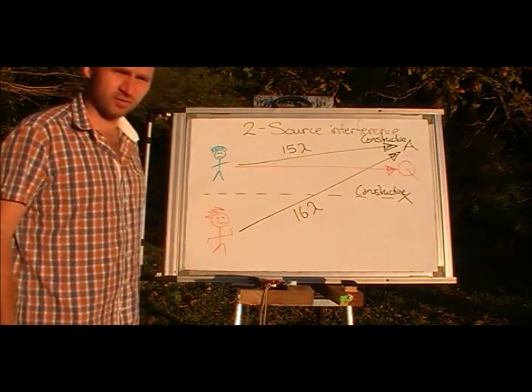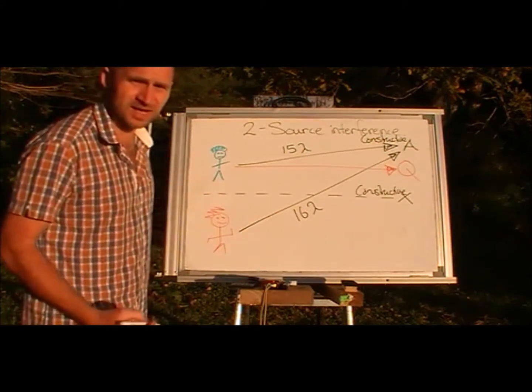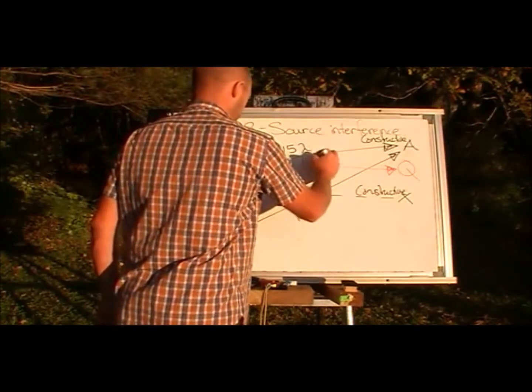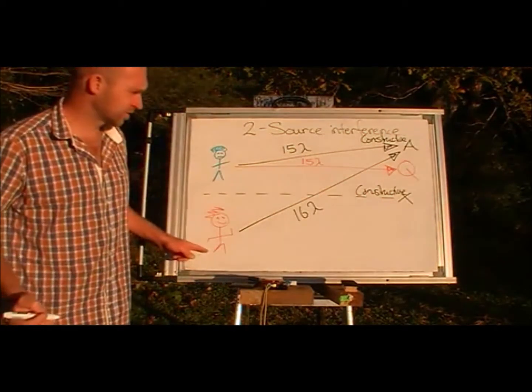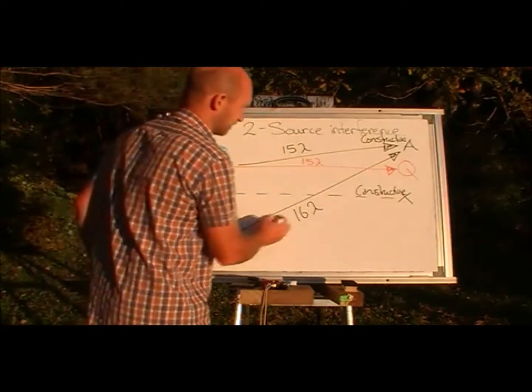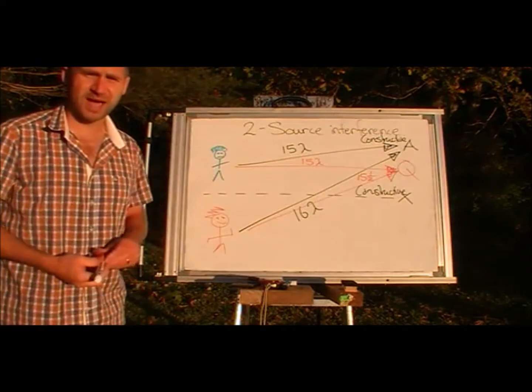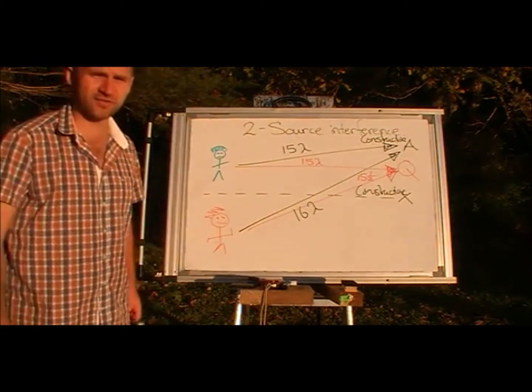Well, for the blue one, still exactly 15 wavelengths. But for the red one to get to that same point, it's no longer 16. It's 15 and a half. And so the path difference is half a wavelength.